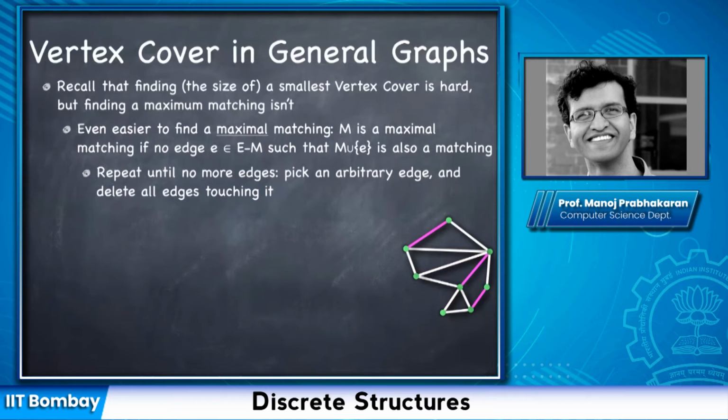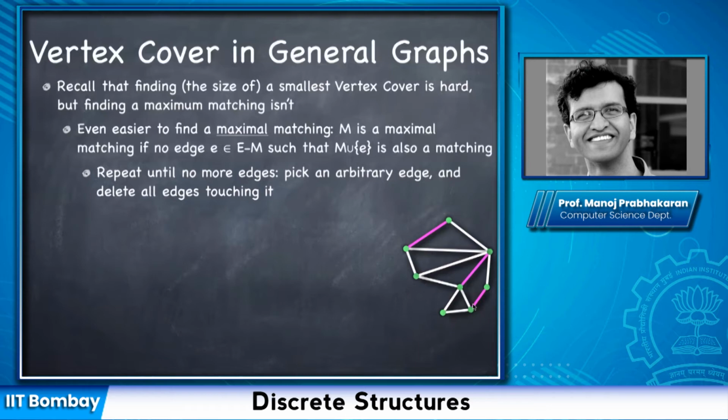So if I pick this edge, then I have to remove all these other edges here and here. Okay, and then pick another edge from the remaining. So this will be an edge I can pick, and then I remove all these edges, and then say I pick this edge. That will give me a maximal matching. At that point, I would have deleted all the edges, right? So it's very easy to find a maximal matching using a greedy algorithm.